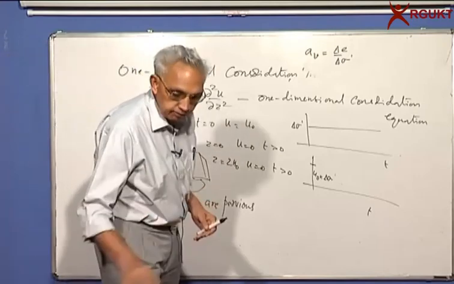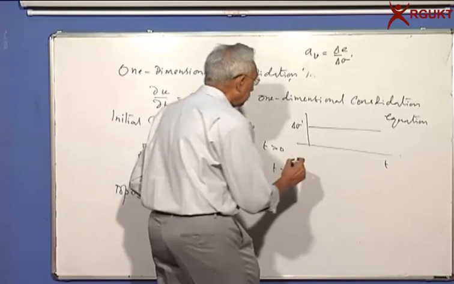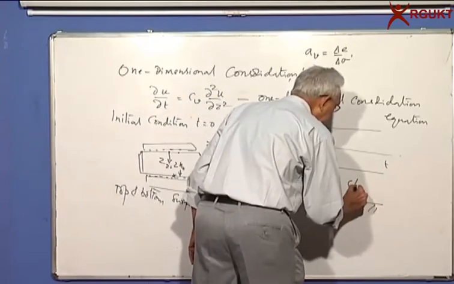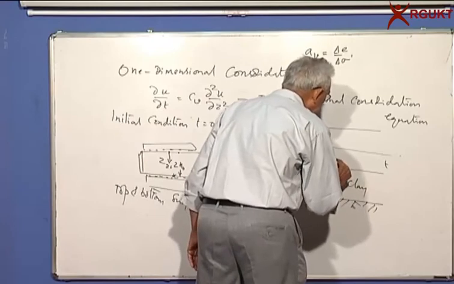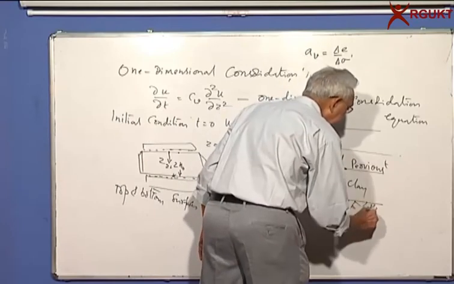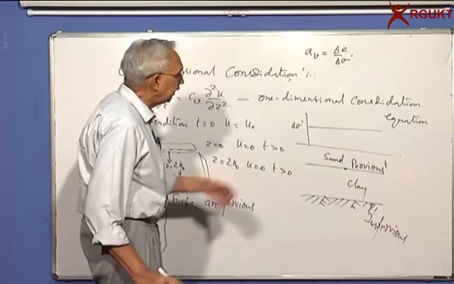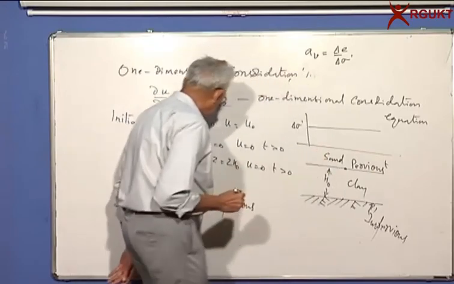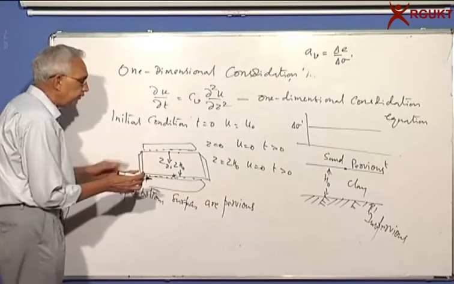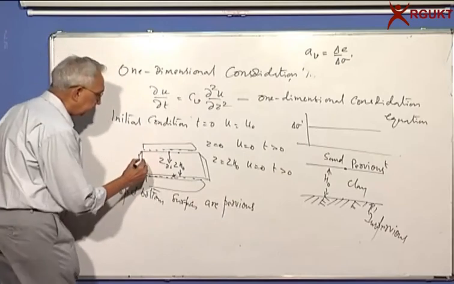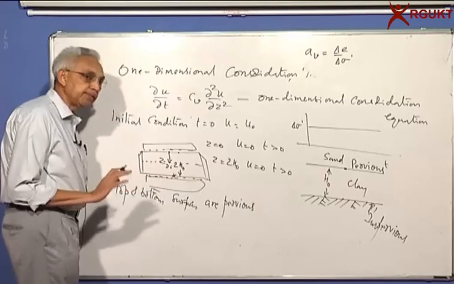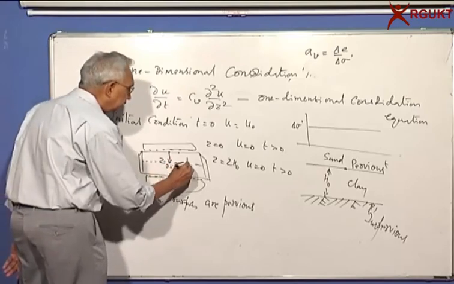Another situation which is commonly possible is when I have a hard rock here, this is clay, and I have sand here. This is pervious, this is impervious. This can be easily simulated because the thickness is H. Look at this. Even if it is 2H or 2H naught, if I take the mid plane, what is the maximum distance a water molecule will travel?